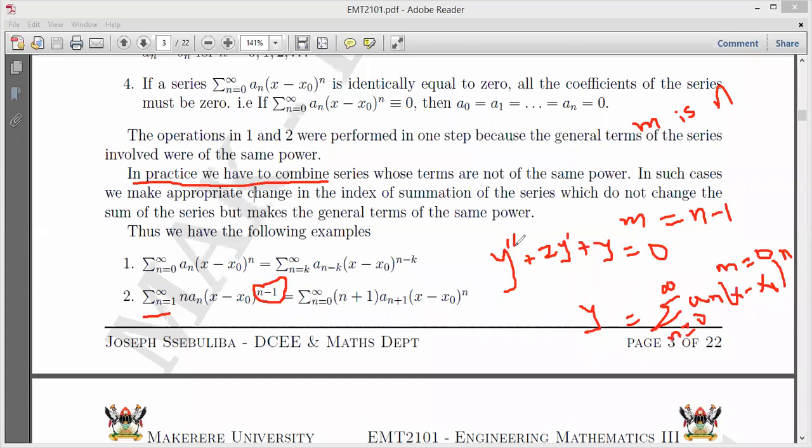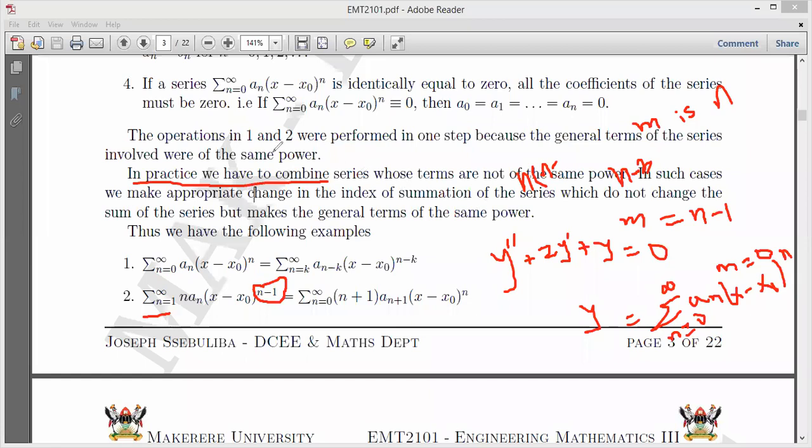Then the power of this one, which I also demonstrated, will be n minus 2 when you have differentiated twice. And when you sum this, you start from n equal to 2.